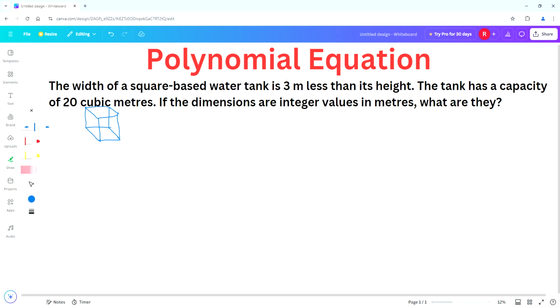The water tank has a square base. Let's assume the width of the square base is x. The length of the base is also x because it's a square. As per the problem, the width is 3 meters less than the height. That means the height of this tank is x plus 3 meters.